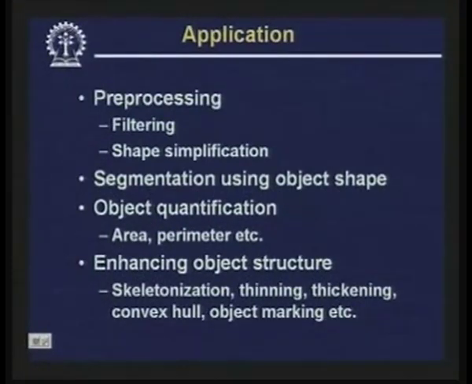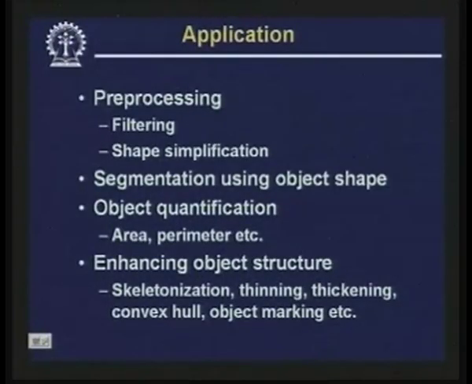We can have a situation where we have an object of very complicated structure, but it is possible to break that complicated structure into a number of substructures, where each substructure will be simple in nature, so that it is easy to describe or quantify the shape attributes of that particular structure.